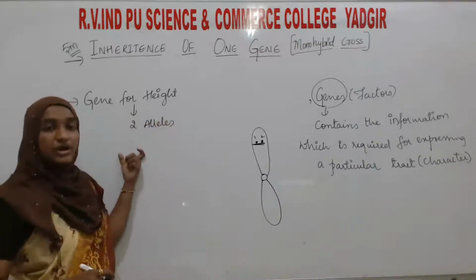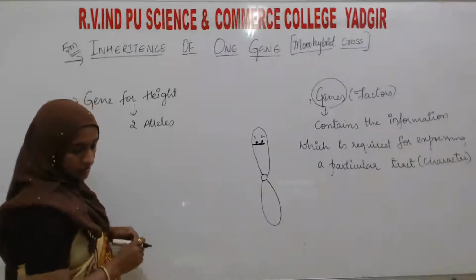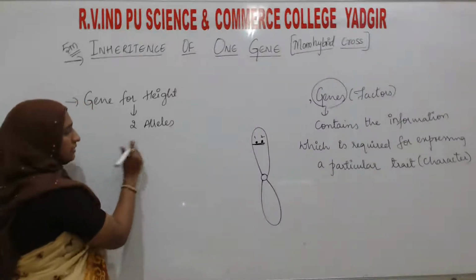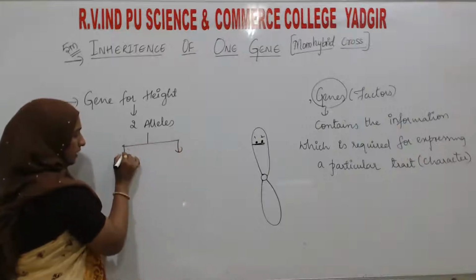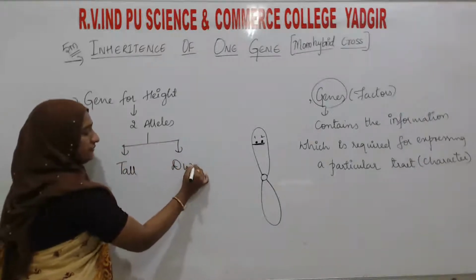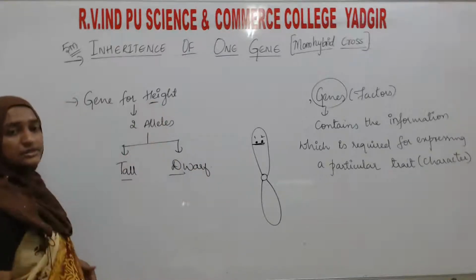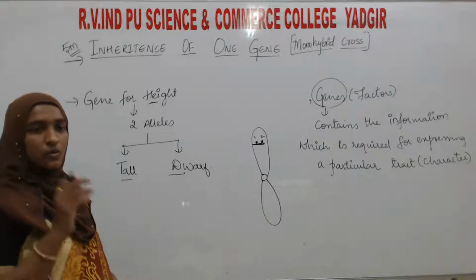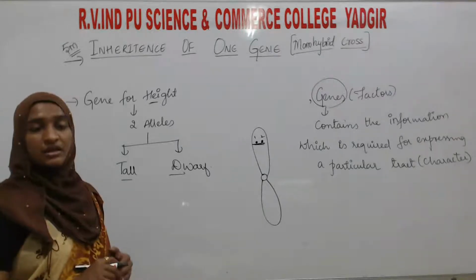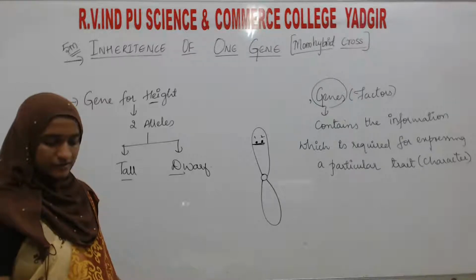So what are the two alleles here? One is tall and the other is dwarf. These are the two alleles for the height. One gene represents tallness and the other gene represents dwarfness.